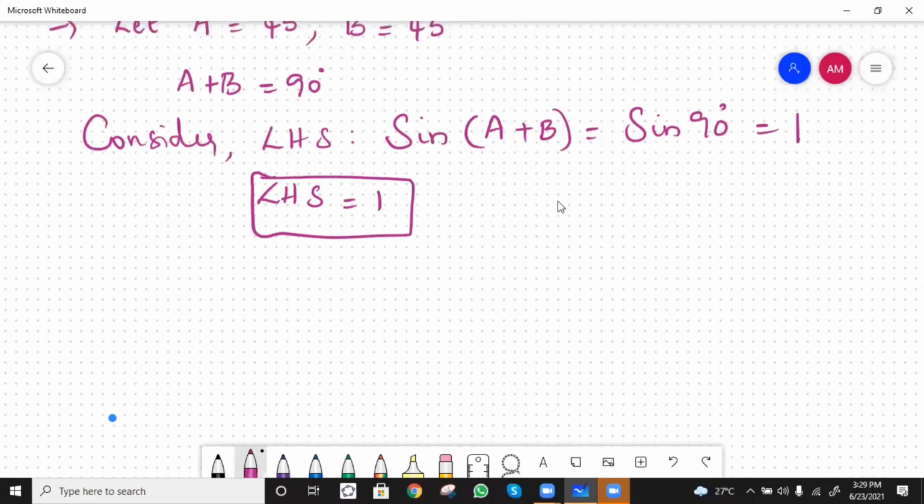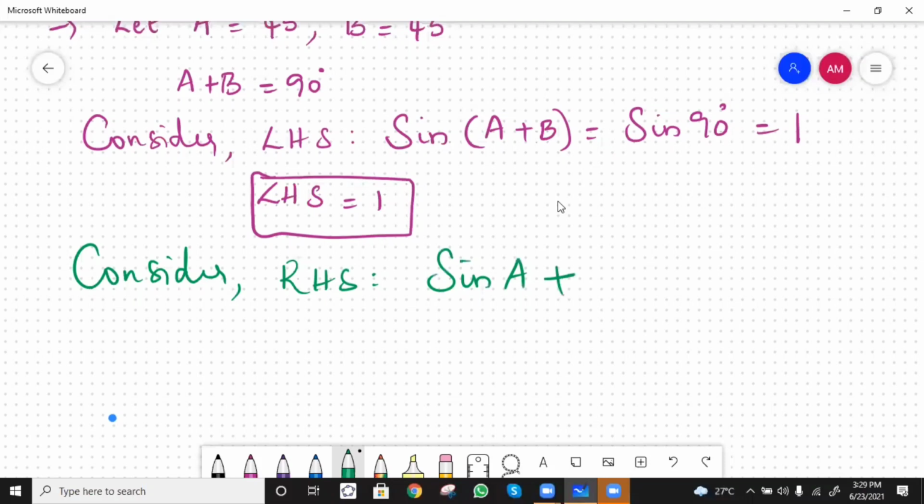Next, consider the right hand side. What is that? Sine A plus sine B, that is sine 45 plus sine 45.